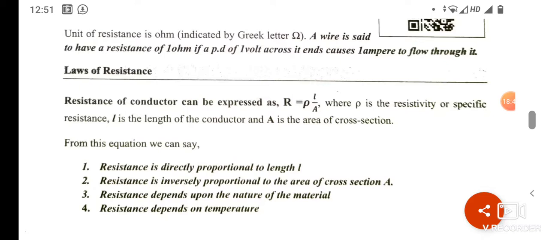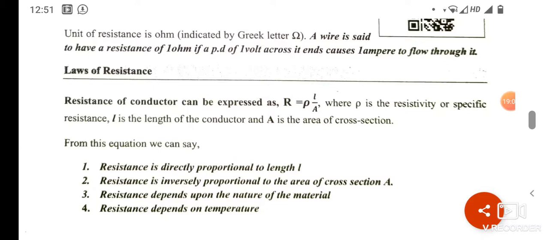The resistance of copper is different from the resistance of aluminium. The resistance of aluminium differs from the resistance of silver. Some are good conductors of electricity, which have less resistance. Some are insulators, which have high resistance. Some are semiconductors, which have some free electrons. Hence, they have a partial resistance, not high, not low.